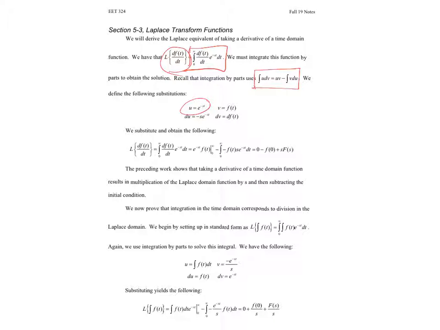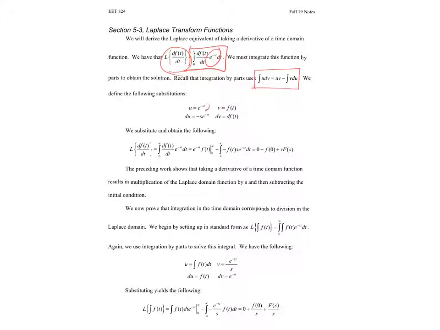So if I pick u to be equal to e to the minus st, this part right here is u. My dv has to be the rest, so it's df/dt dt. Actually, I'm missing my dt, which should be here, so sorry about that. Let me show that again.